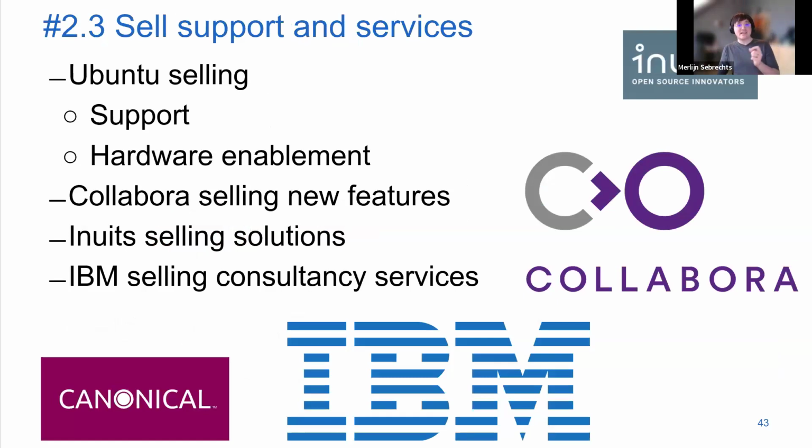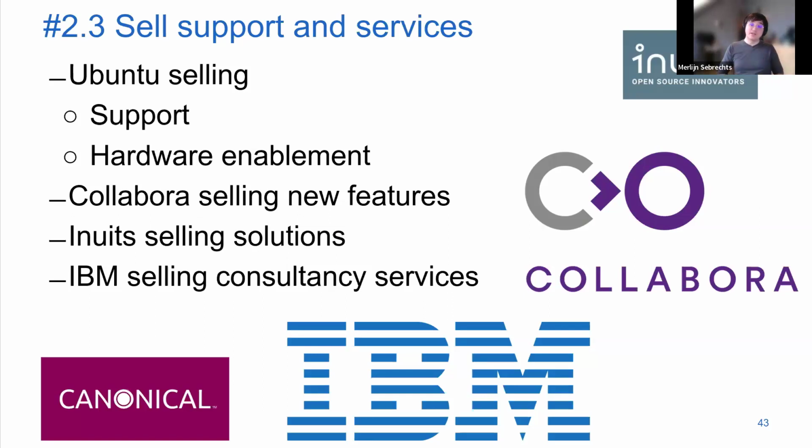A third reason is because the companies sell support and services. And here again, you see Ubuntu and Canonical. This is a third avenue how they monetize Ubuntu. They basically sell support and they sell hardware enablement.